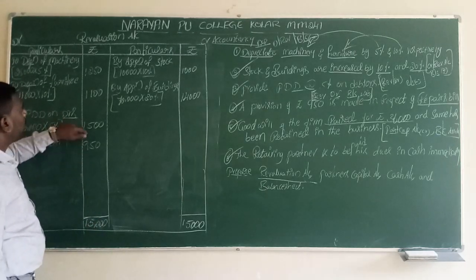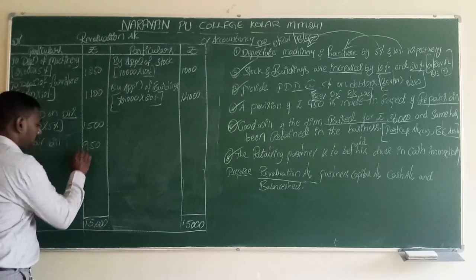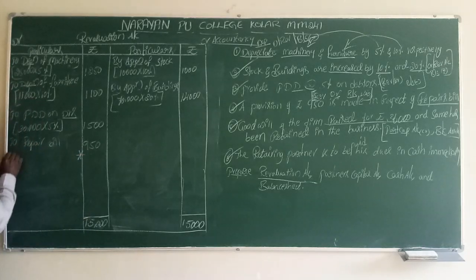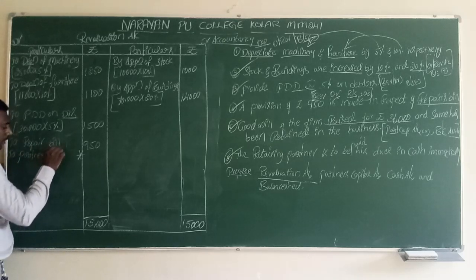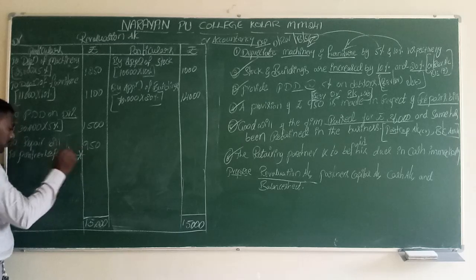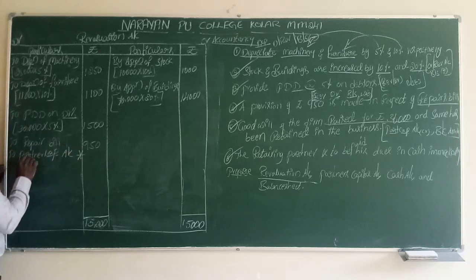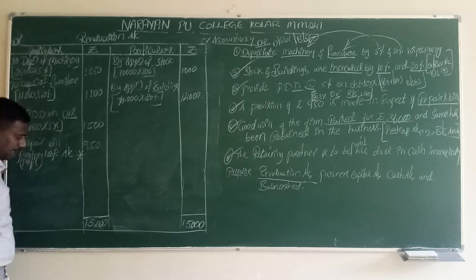15,000 deduct the 4 values, and we will get the difference. The difference we will call a profit. To any partner's capital account, in brackets we have to mention that profit. What is this value? It is a profit to the company. So how much profit do we get?